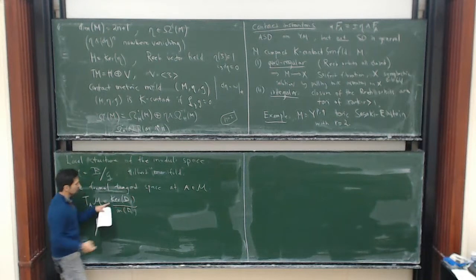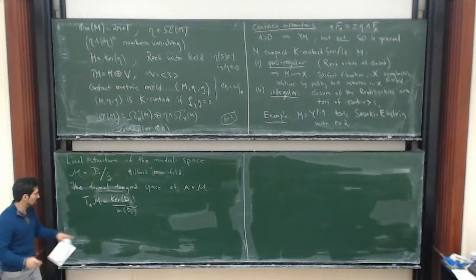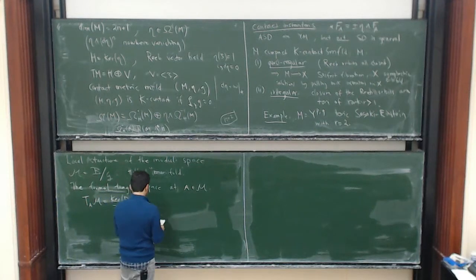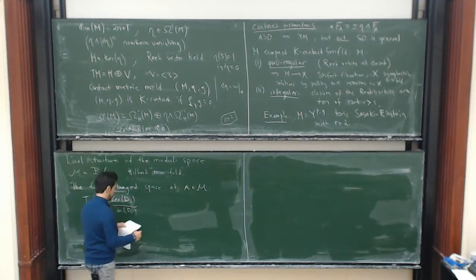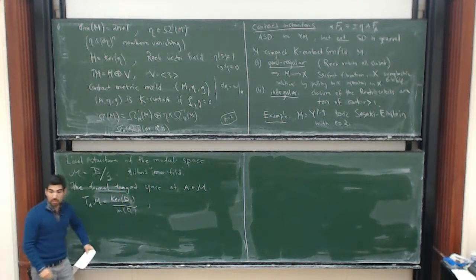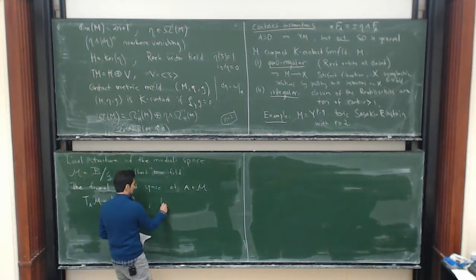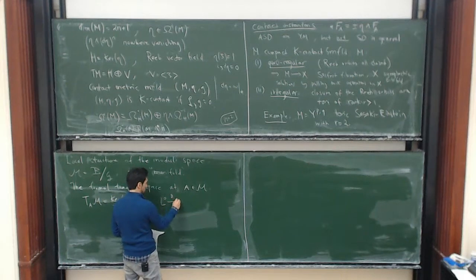So these are infinitesimal deformations of your instanton modulo trivial deformations generated by the gauge transformations, exactly, the gauge algebra. So you have some deformation complex.